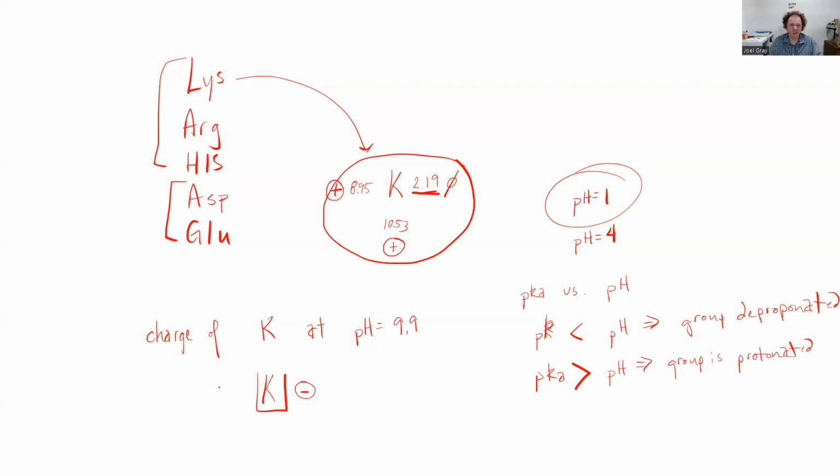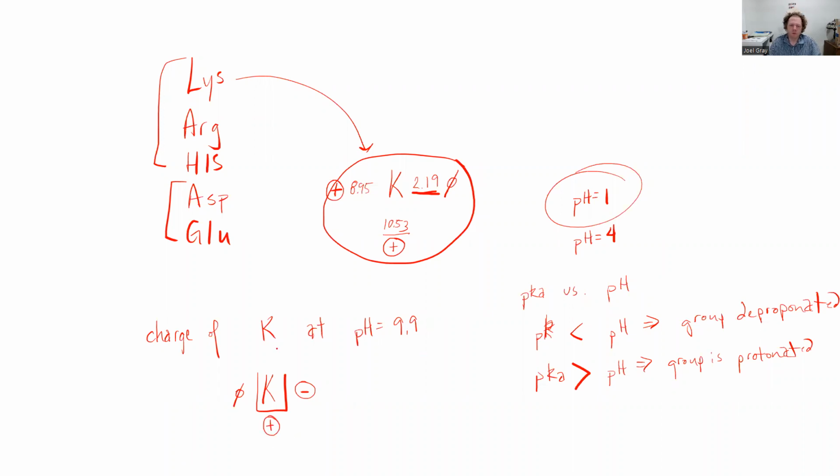Well, when my pH is again greater than my pKa, that group is going to be deprotonated. So that's going from a positive charge to no charge whatsoever. My R group, on the other hand, has a pKa of 10.53. The pKa is greater than my solution's pH of 9.9, meaning this will have a positive charge.